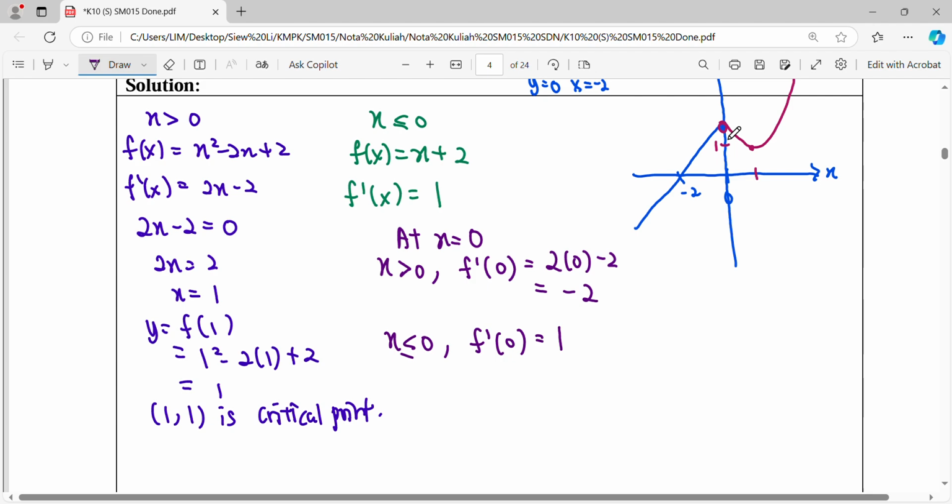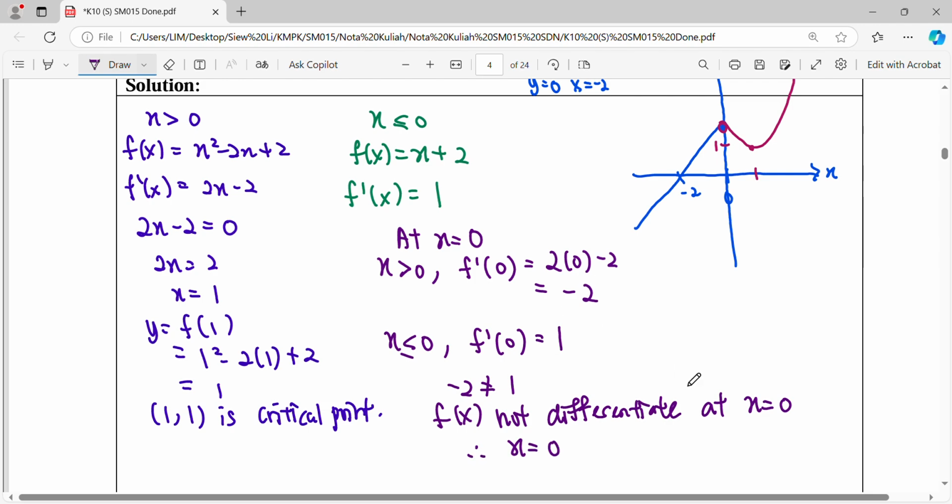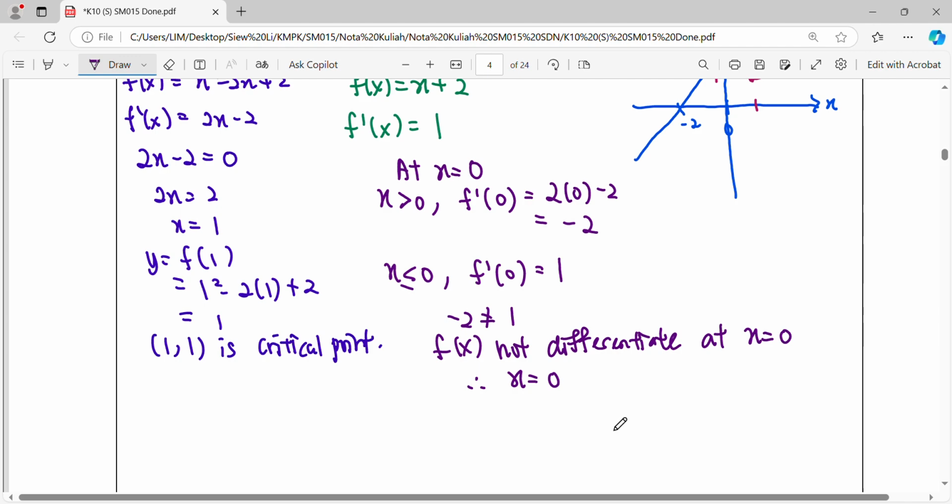So, you can find your critical point from the differentiability concept. Left side differentiates to something different, right side differentiates to something different. So, we notice -2 is not equal to 1. So, the function at the left-hand side and the function at the right-hand side, the function is not differentiable at x equals to 0. Therefore, x equals to 0 is also a critical point, a critical number here.